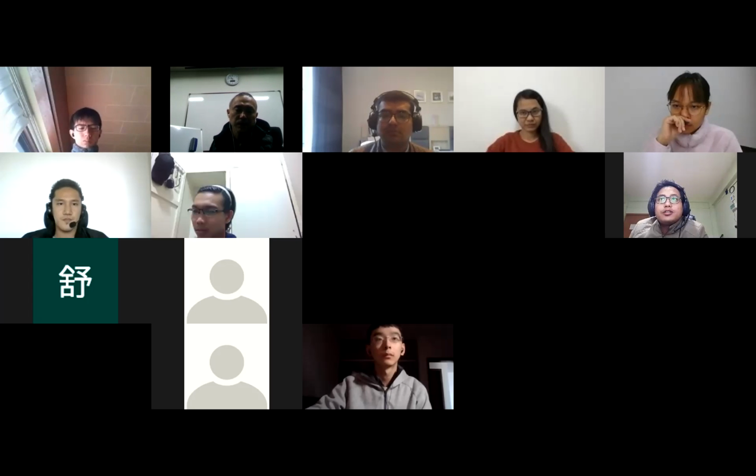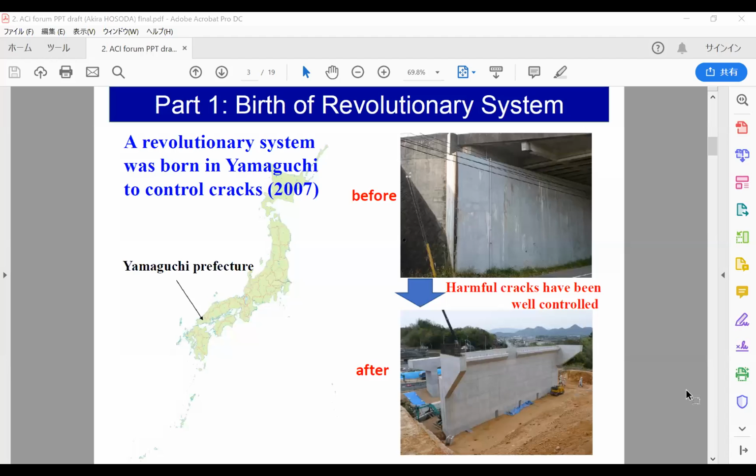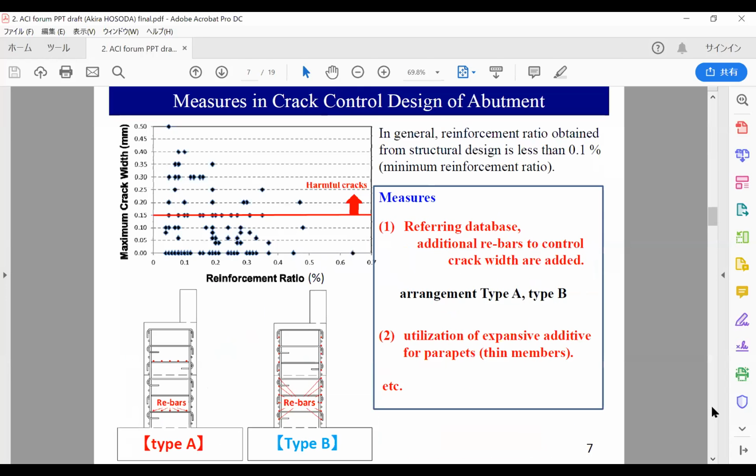I have another question. Does this reinforcement ratio also apply to other structure members, not just this kind of abutment? You mean this one? This reinforcement ratio means the reinforcement ratio in this section, for example. After these questions, I will tell you about the mechanism of thermal cracking.